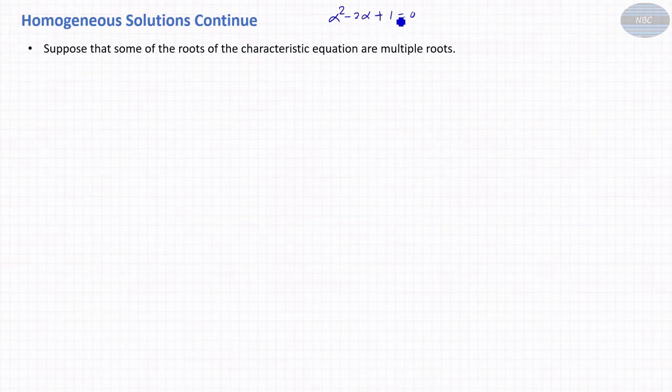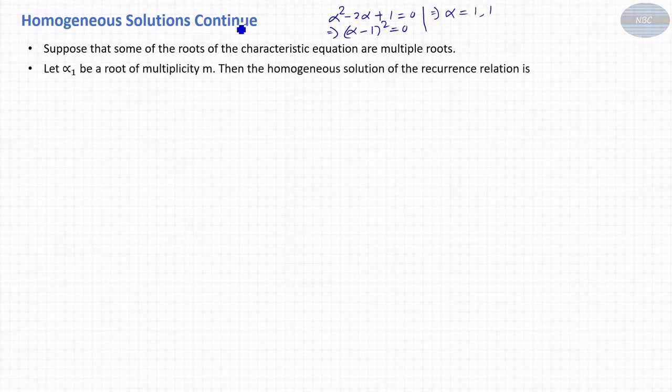It is a characteristic equation. Then we have (alpha minus 1) square is equal to 0, which implies alpha is equal to 1, 1. So here the characteristic equation has multiple roots, not distinct roots but multiple roots.